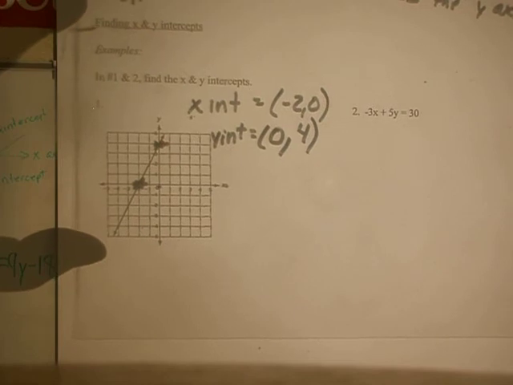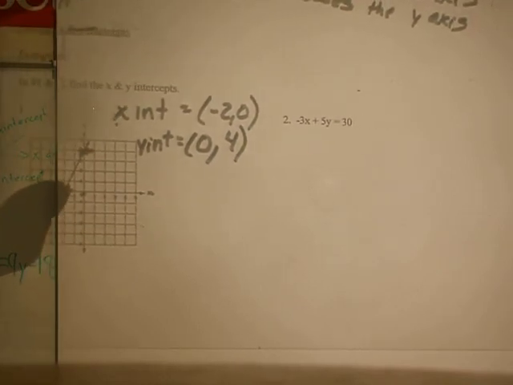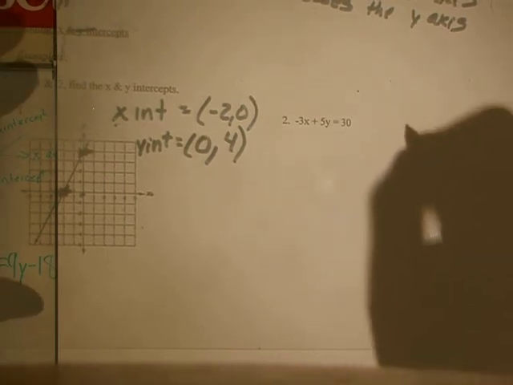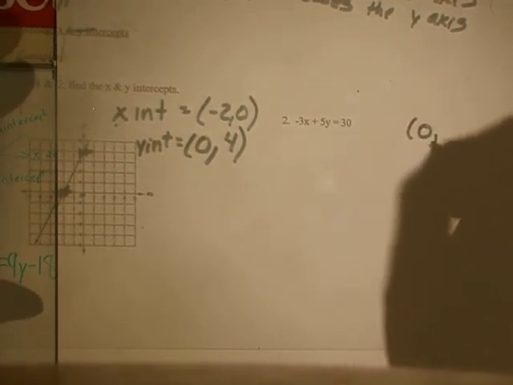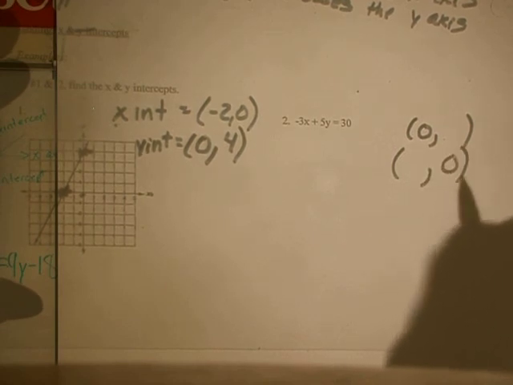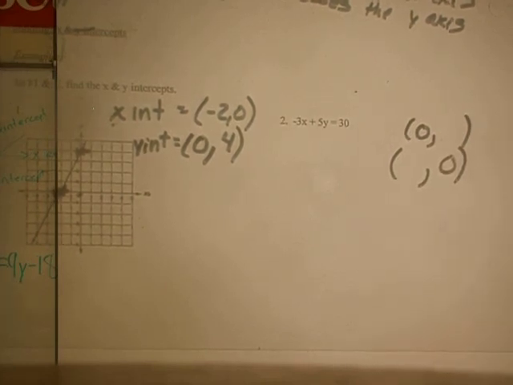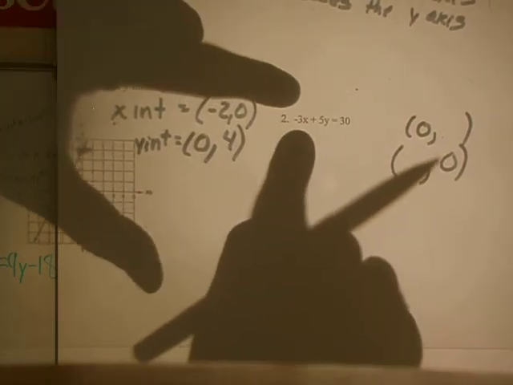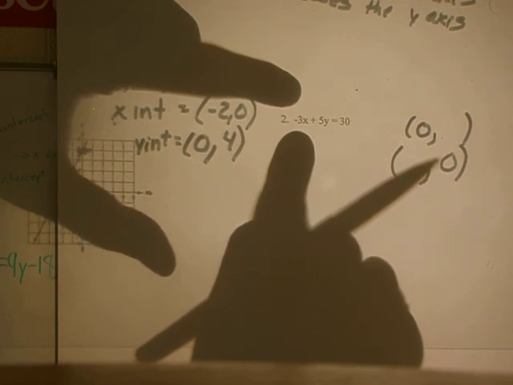Number 2, we don't have a graph to go with it. What we're going to do is substitute 0 in. We are going to put 0 in for x, and figure out y. And then we're going to put 0 in for y and figure out x. If we put 0 here in place of x, -3 times 0 is 0.